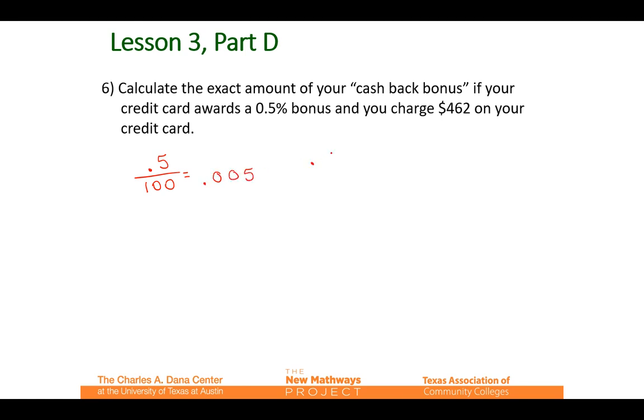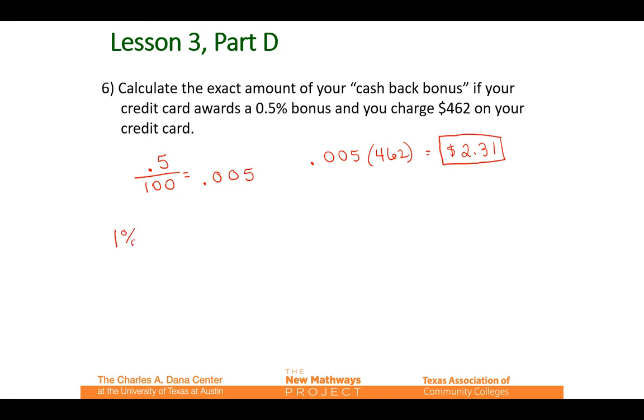So we would do 0.005 times 462. And that gives us $2.31.